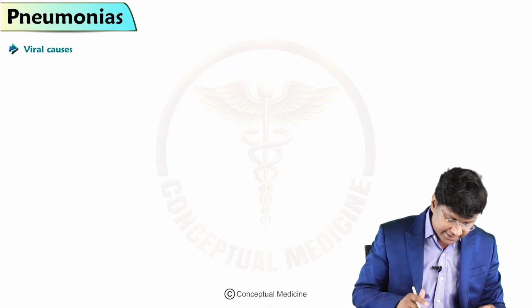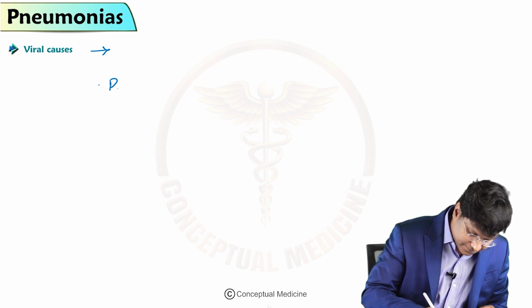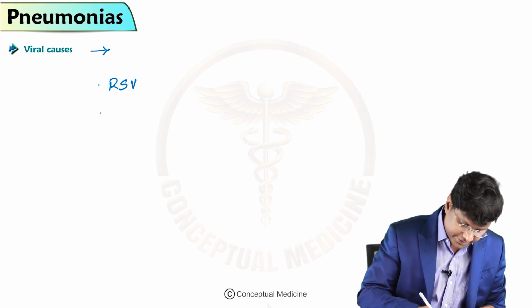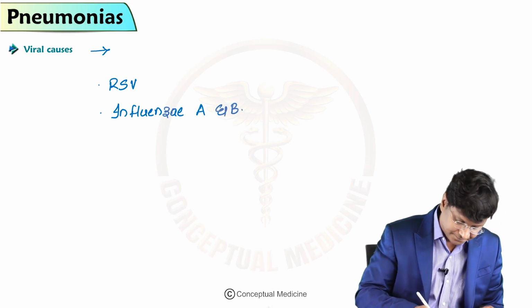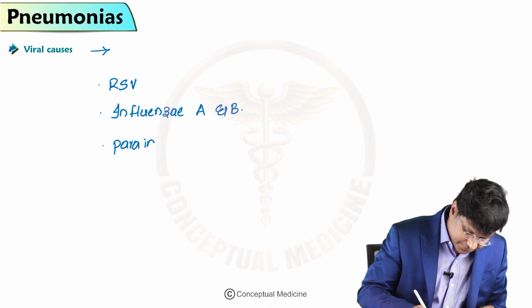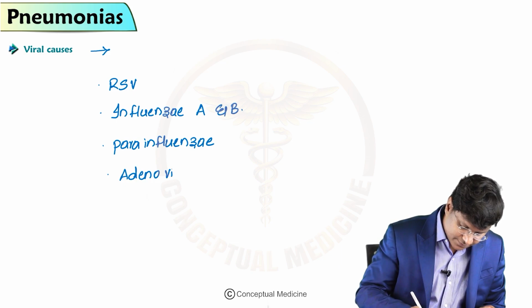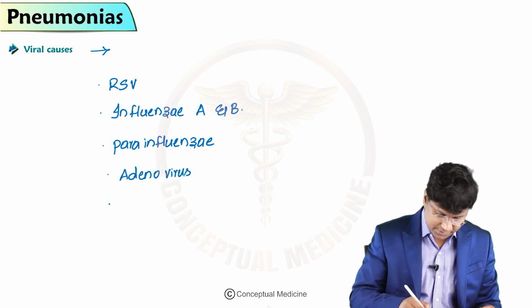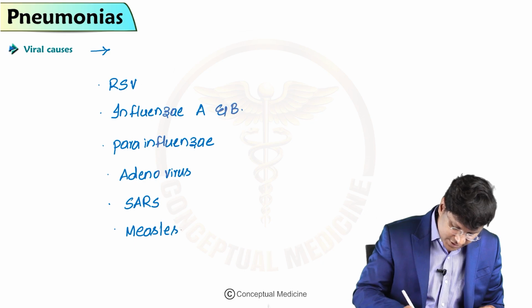And apart from that, if you take the viral causes for atypical pneumonias, they include respiratory syncytial virus, then influenza A and B, next parainfluenza, adenovirus, then severe acute respiratory syndrome, that is SARS virus, then measles virus.